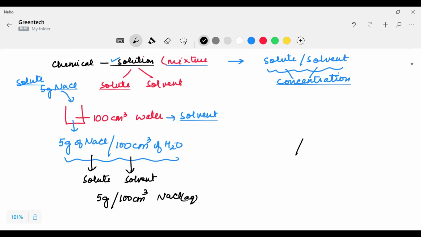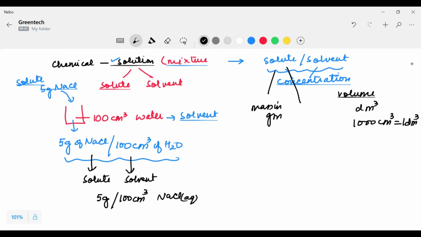The standard volume we take is dm cube. We should know the conversion: 1000 cm cube make 1 dm cube. Agreed? Is it clear? Fine. So I can have the mass of the solute in grams, or I can have the moles of the solute.